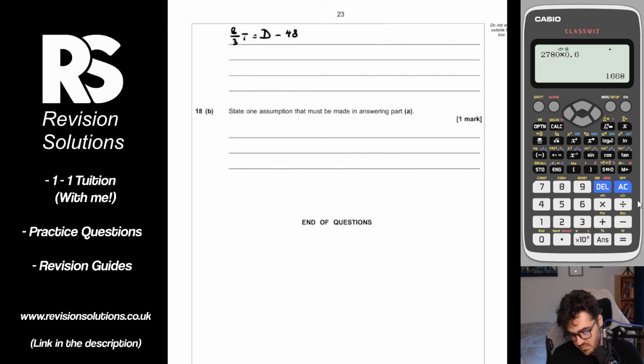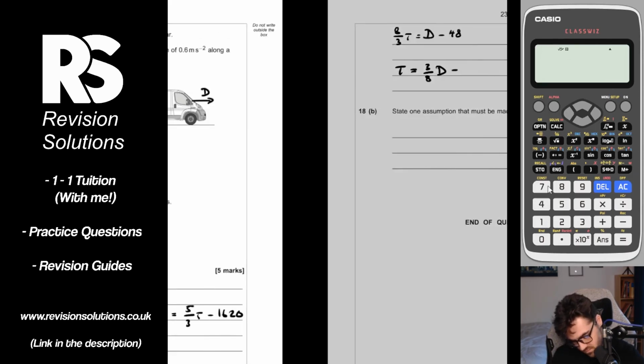Then we need to multiply by 3 and divide by 8. So doing that, we'd have T equals 3/8 D minus, well, if we just check that it's going to pan out, it should come out as 18, I believe, from what we had before.